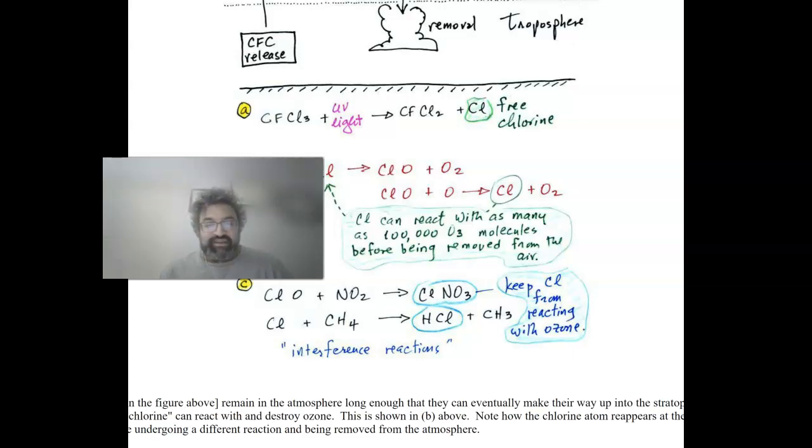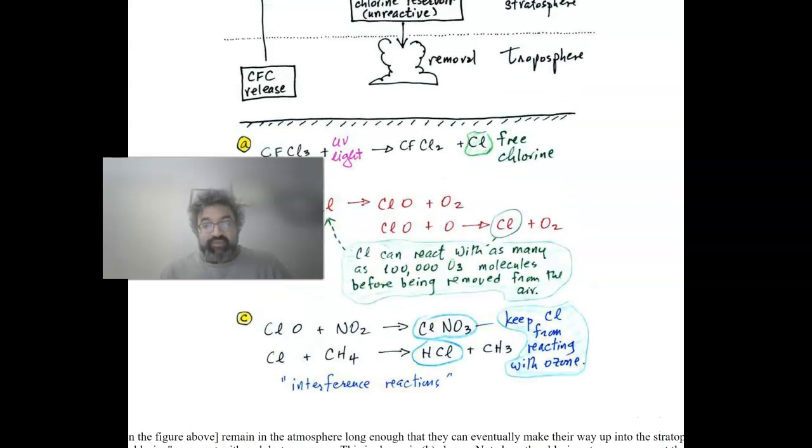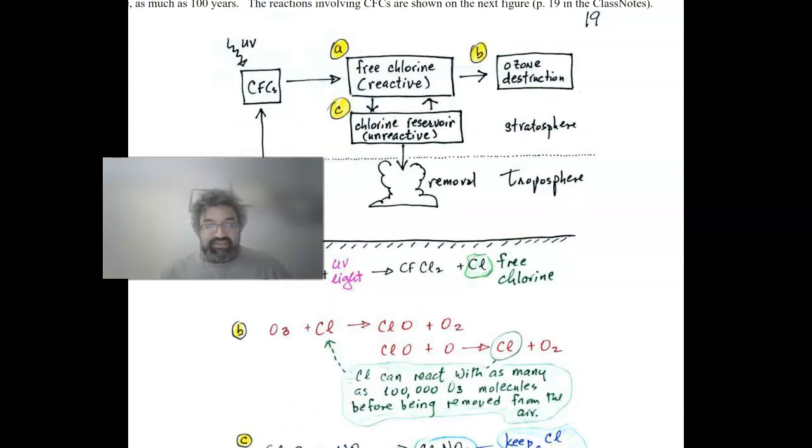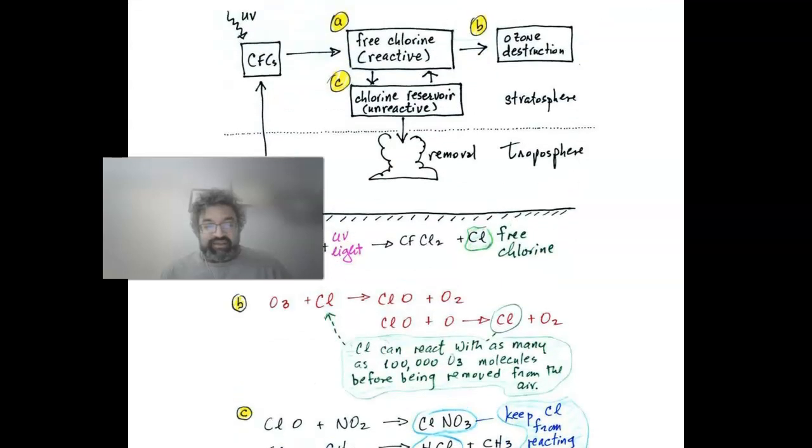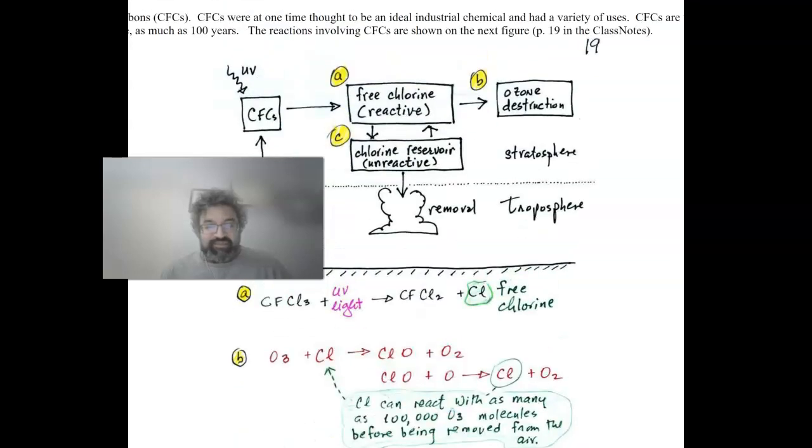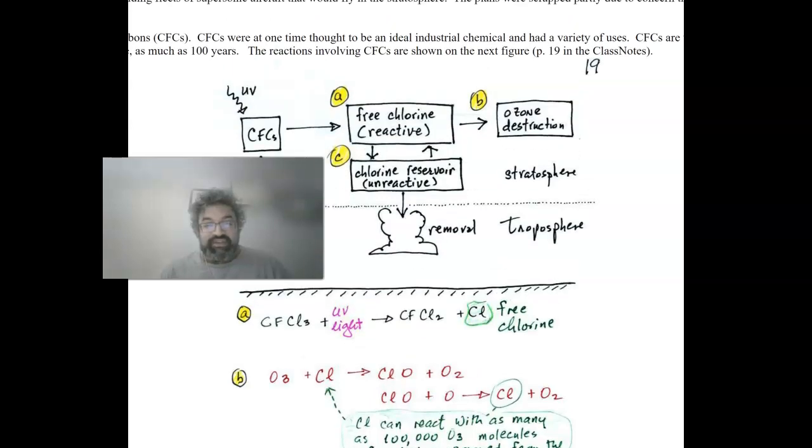And then chlorine plus methane yields hydrochloric acid plus methyl. So these are interference reactions that keep chlorine from reacting with ozone. So the blue is good, and then the A and B are not so good because of that free chlorine.